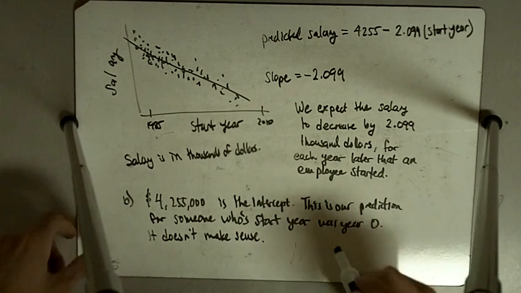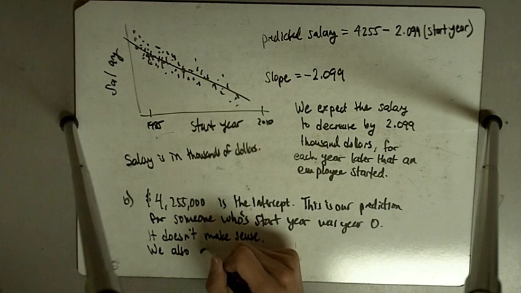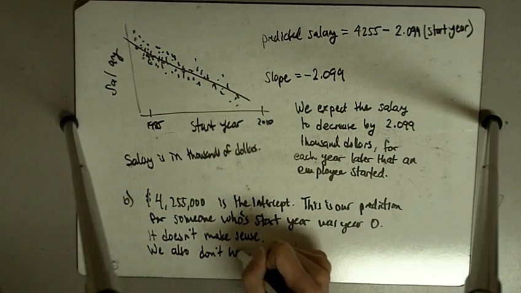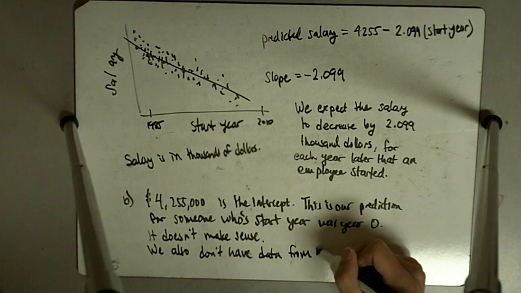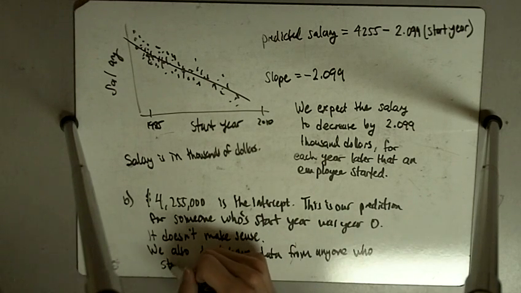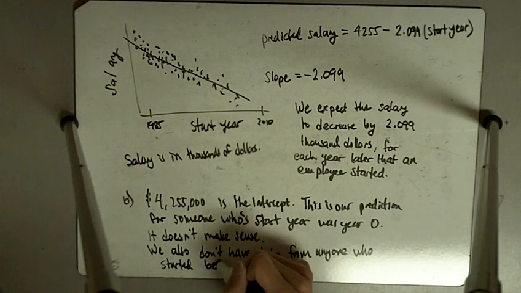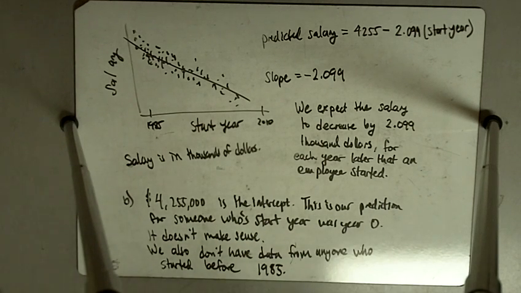Nobody has been working since year 0, and we also don't have data from anyone who started before 1985. So for those two reasons, it doesn't make sense to try to plug in 0 and understand what the intercept means.